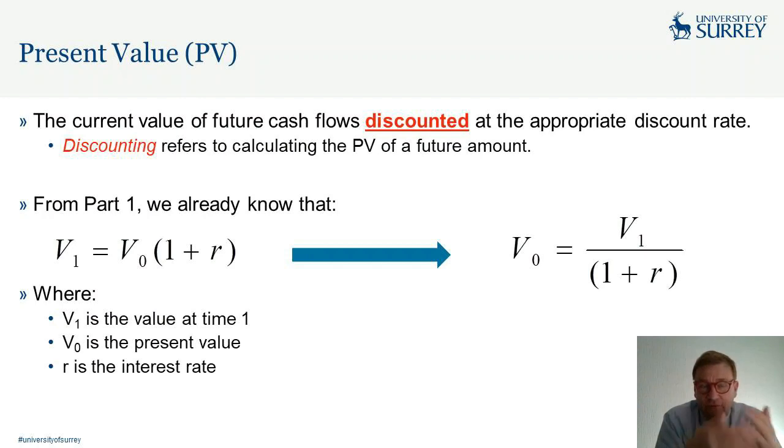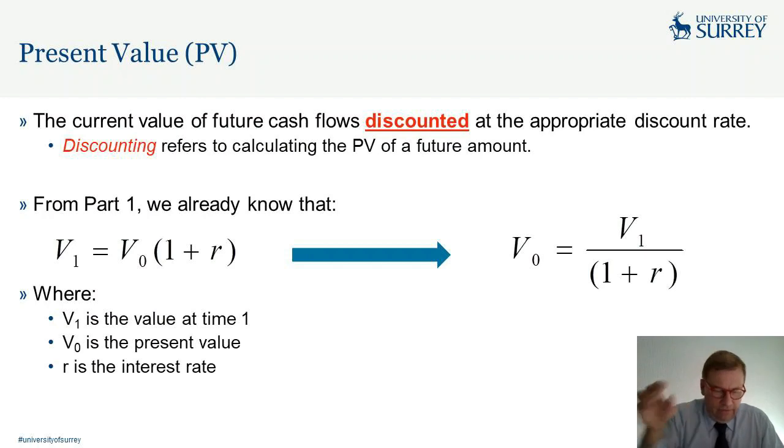We just transform this formula. Obviously, it's very important to say that V1 is this value at time 1, sort of future, and V0 is the present value, and r is the interest rate. So when we have this formula, V1 equals V0 multiplied by 1 plus r, when we transform it mathematically, it's V0 equals V1 divided by 1 plus r.